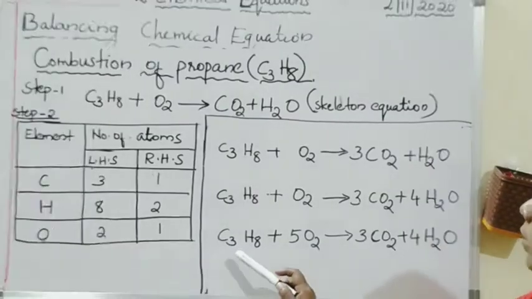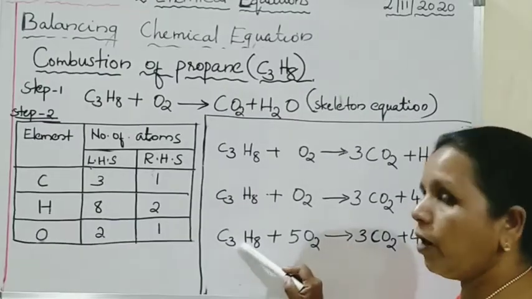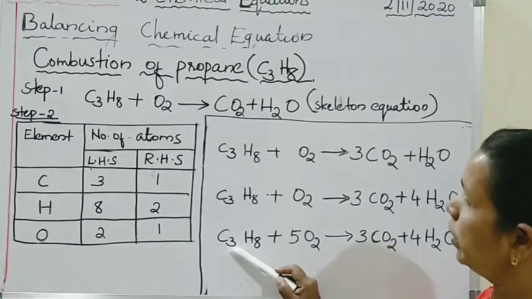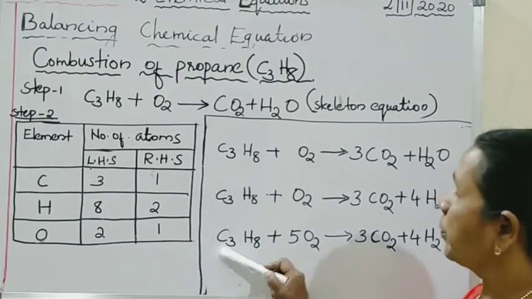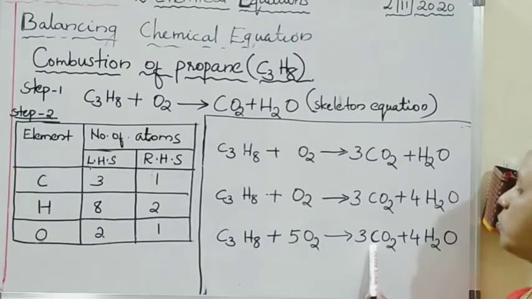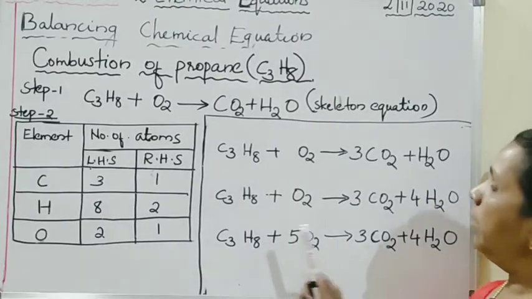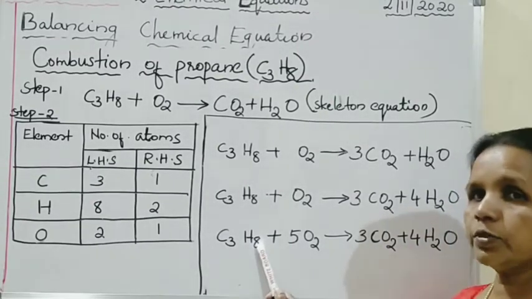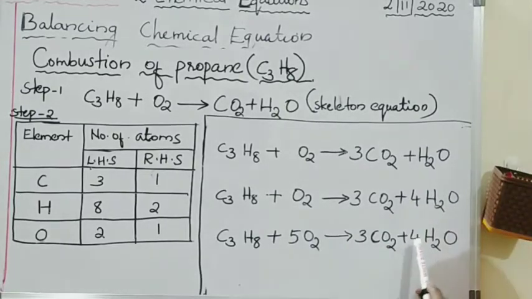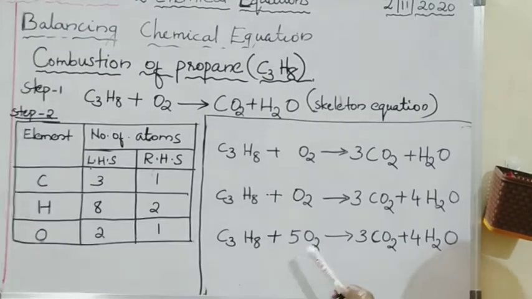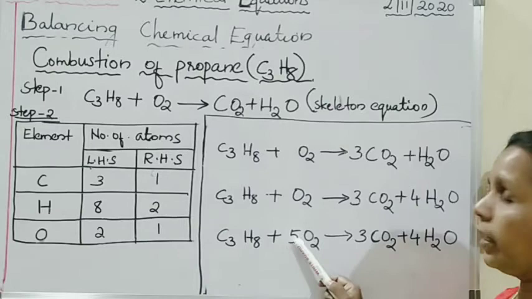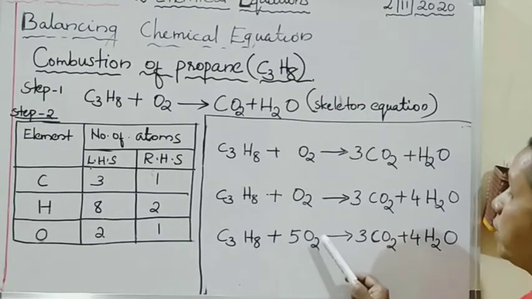Now the third step: we have to compare. Here 3 carbon atoms are there, and in the RHS also 3 carbon atoms are there. Here 8 hydrogen atoms are there, and in the RHS 4 twos are 8 hydrogen atoms. Here again oxygen, 5 twos are 10 oxygen atoms.